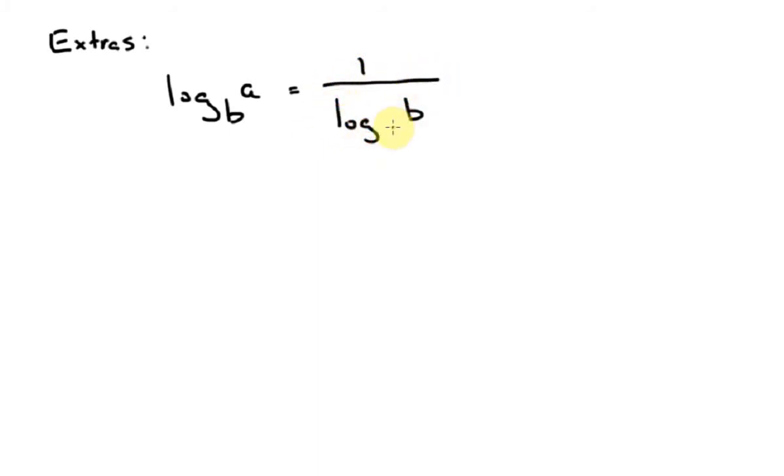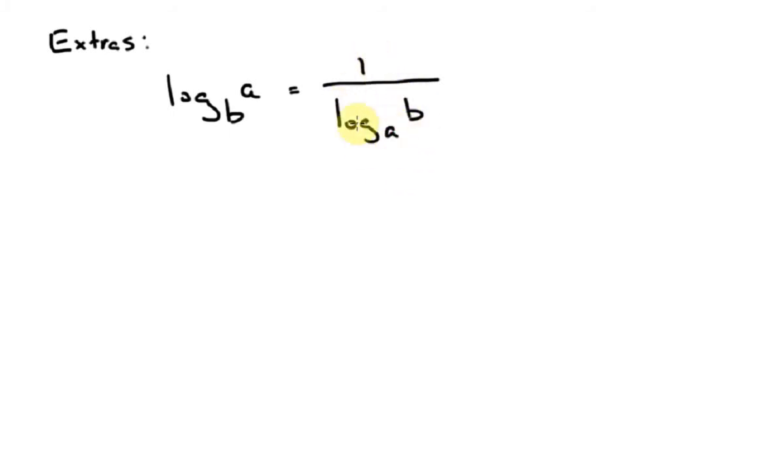These are the little extra bits and pieces. The first one that we showed you was, suppose you have log of A in base B, you can do a kind of switcheroo by doing this. You can go log of b in base a, as long as it's 1 over that.